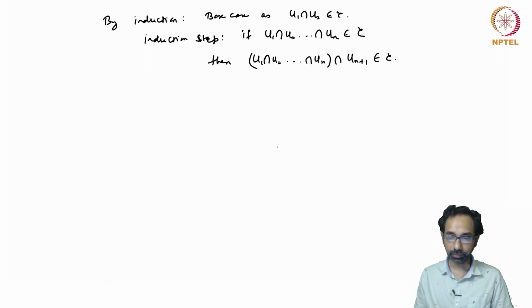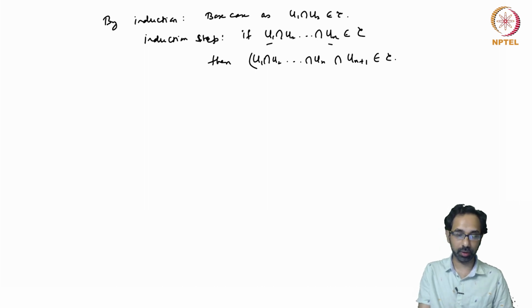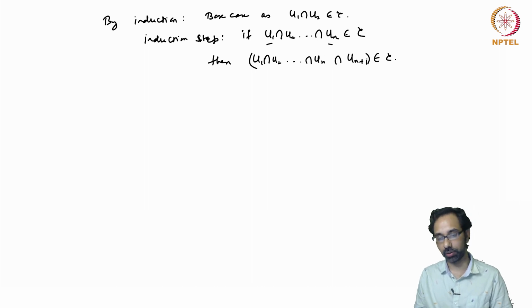So given that any intersection of n number of sets in tau belongs to tau, then the intersection of n plus 1 number of sets in tau also belongs to tau.